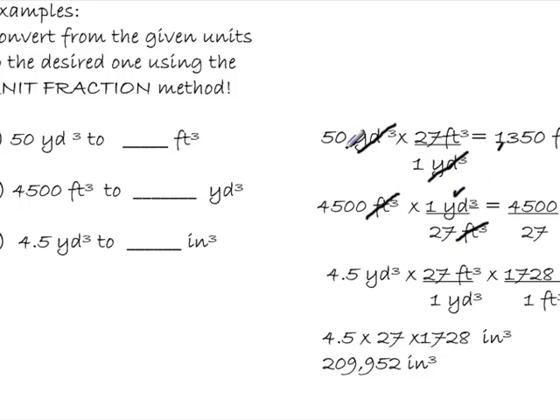This time I don't multiply. I take 4,500 divided by 27, and that's how many yards I'd have. That turns out to be 166.7 cubic yards to the nearest tenth of a yard. If we wanted it to the nearest whole yard, it would be 167 cubic yards.